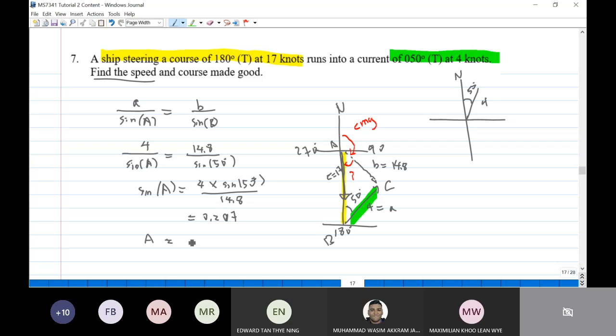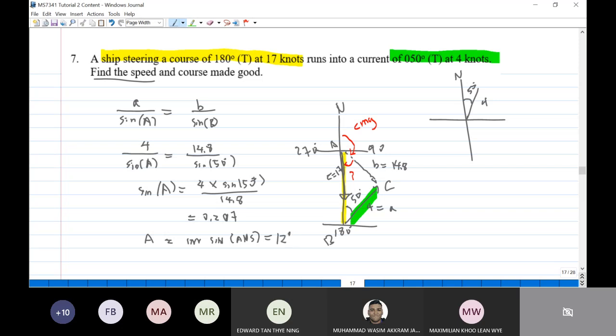So you get shift, inverse sine, then the answer. That is 11.94, which means 12 degrees.